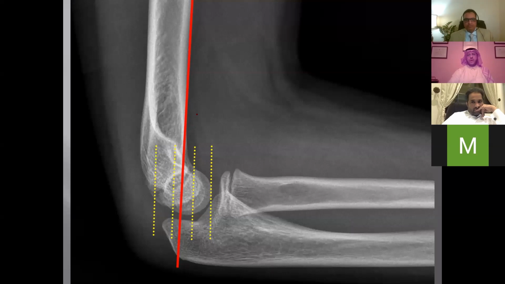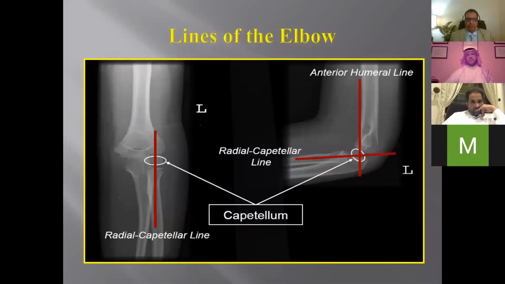The second one is the radiocapitular line, which is this one. This is the anterior humeral line, and this is the radiocapitular line. Again, you can draw a line through the radius which bisects the capitulum. The anterior humeral line passes through one third of the capitulum, while the radiocapitular line, from the middle of the radius, intersects the middle of the capitulum.